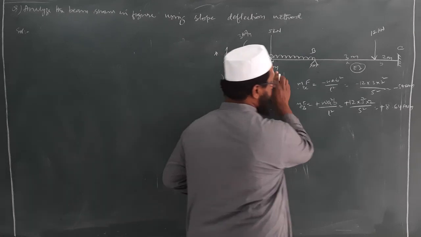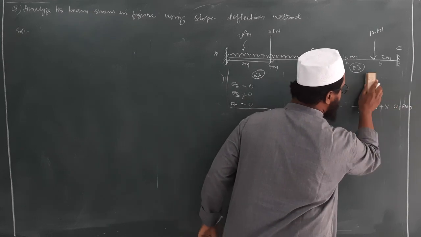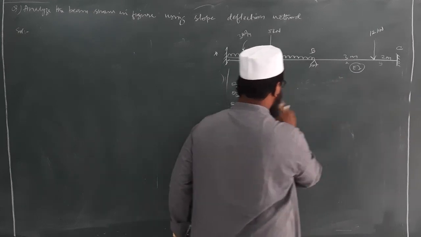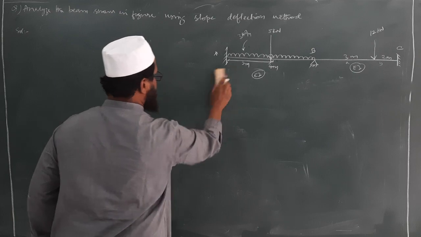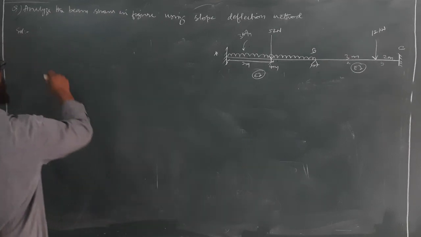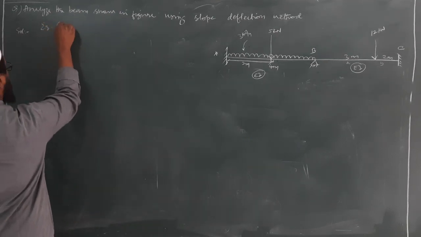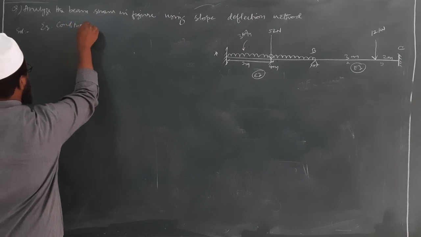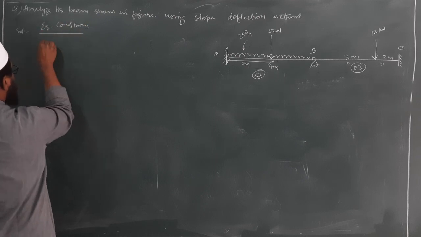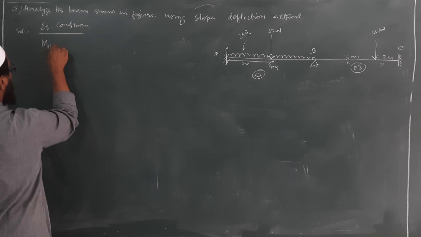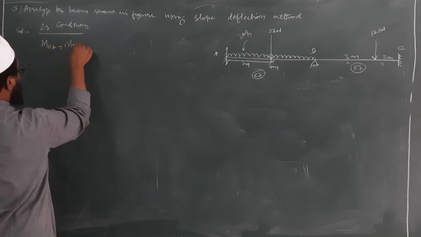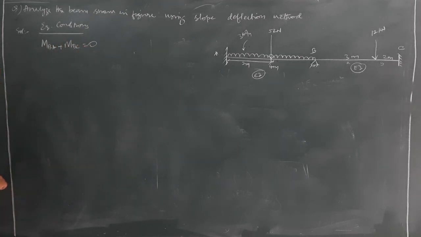One unknown, isn't it? What is that? EI theta B. So the equilibrium condition is MBA plus MBC is equal to 0.